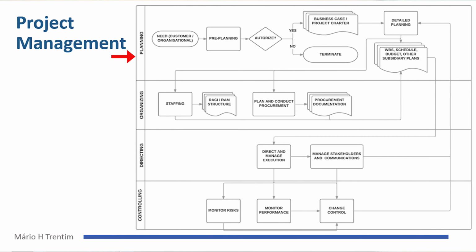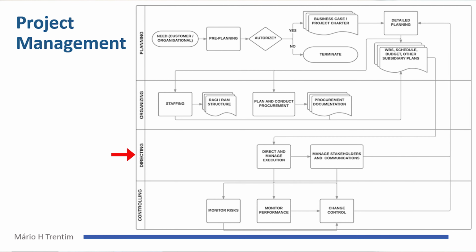So this is an example of a more detailed project management methodology. We start in planning, understanding what the customer needs would be. It could be an internal customer or an external customer. Then you have pre-planning and authorization. And once we have all the plans, WBS, the work breakdown structure, schedule, and subsidiary plans, then we have the organization: acquire the project team, acquire resources, procurement, and then we go into the execution, directing the execution.